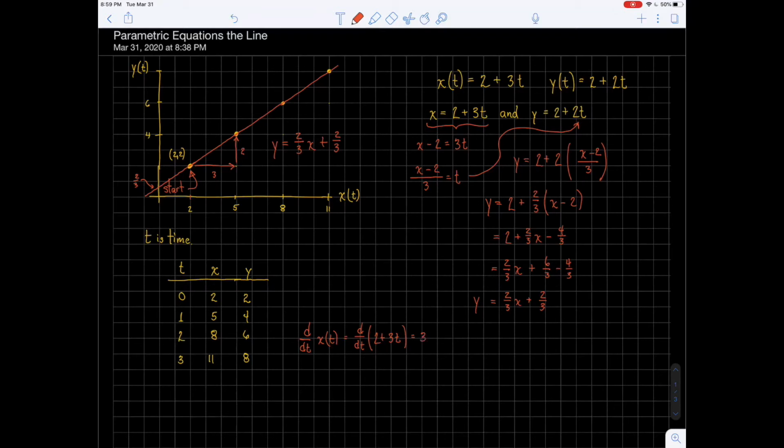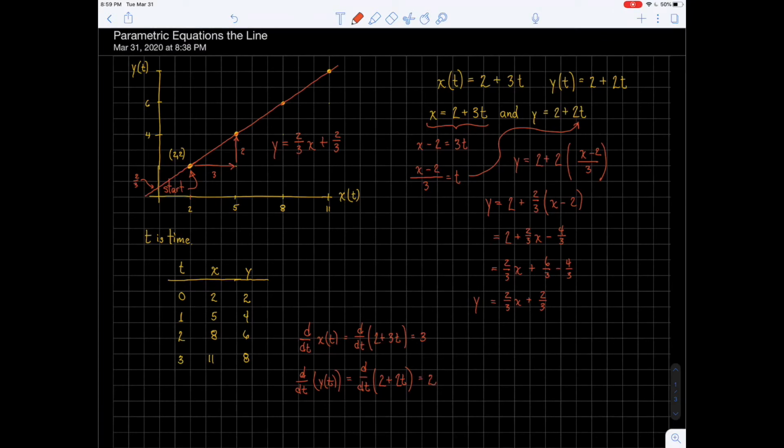So this is just going to be 3. And if I do the same with the y, if I take the derivative with respect to t of y of t, well, this is going to be the derivative with respect to t of 2 plus 2t, which is going to be 2.